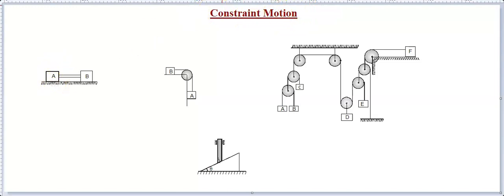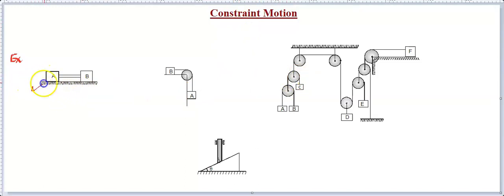Here are some examples related to the constraint motion, and these figures will let us know what exactly the constraint motion is. Then we will be going deeper and trying to solve them or find the constraint relation.